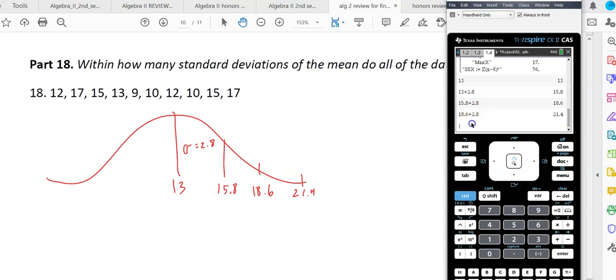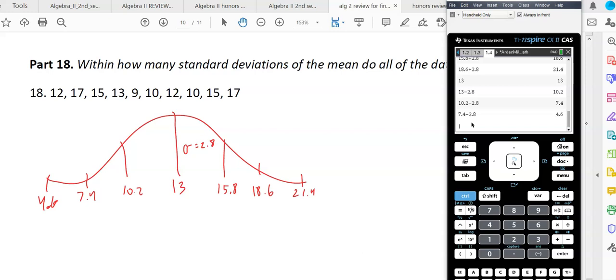And then in the other direction, 13 minus 2.8, so 10.2, 7.4, 4.6. I'd be surprised if any of these values are more than 3 standard deviations, so you stop at 3.